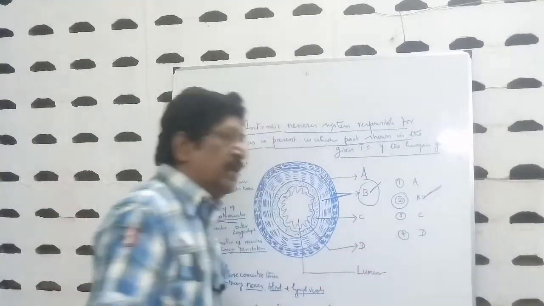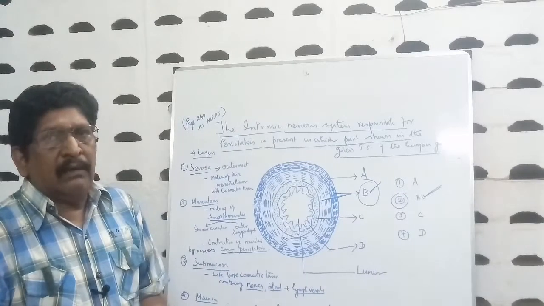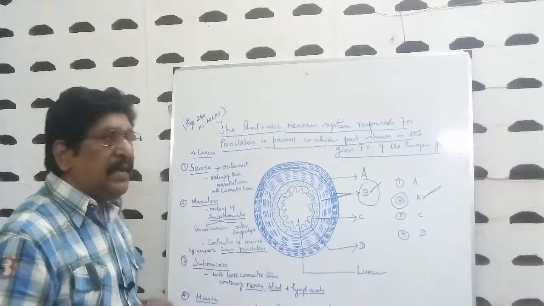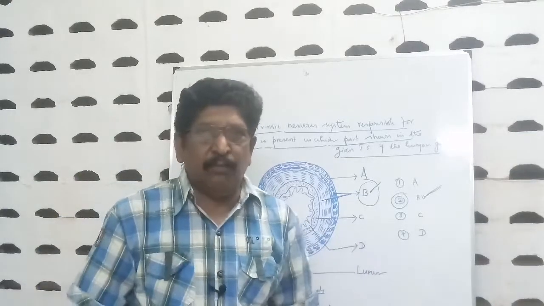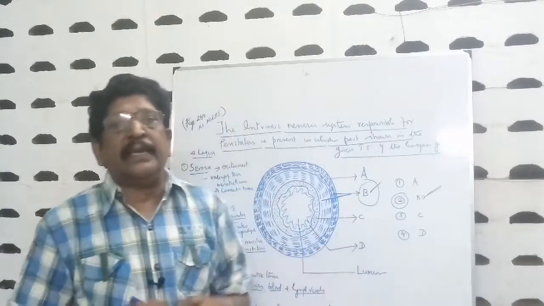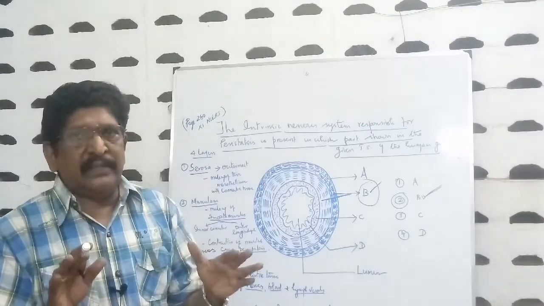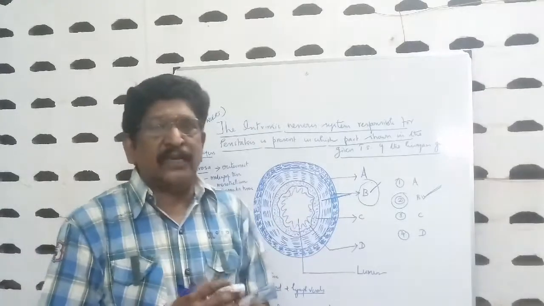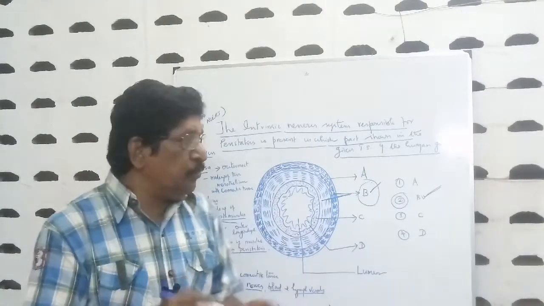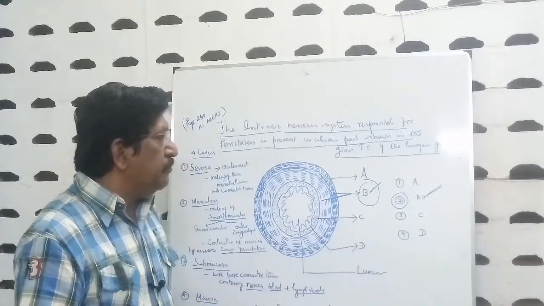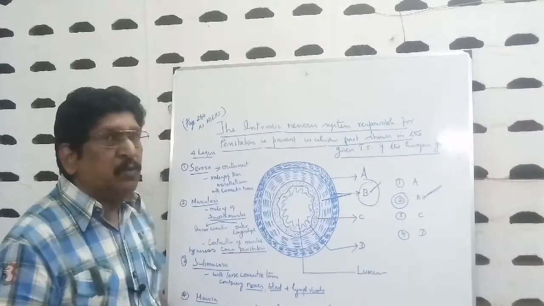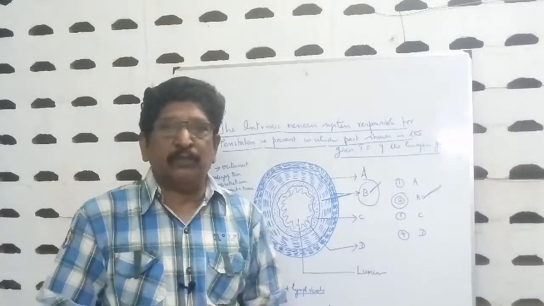The answer should be the second one. The intrinsic nervous system comes and induces the muscles. Actually that is not given in your book, but the question is somewhat tricky. The answer should be the second layer, B, the layer of muscularis, made up of smooth muscles.